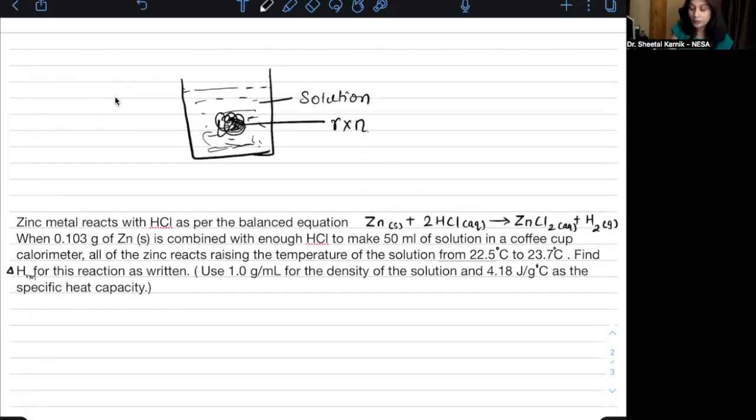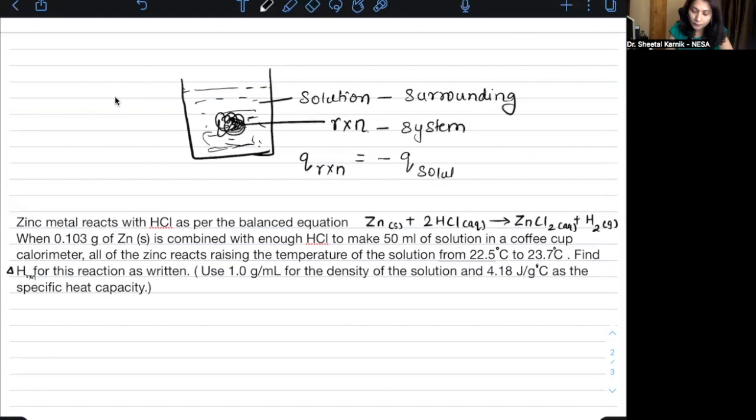In other words, the reaction happening is the system and the solution is the surrounding. Therefore, when we are looking into heat transfer, we can say that Q reaction is equal to negative Q solution.